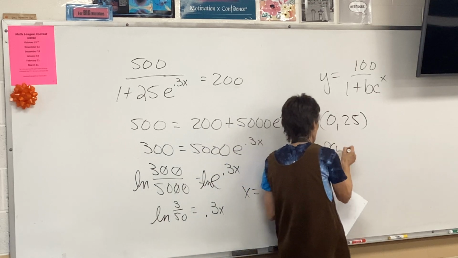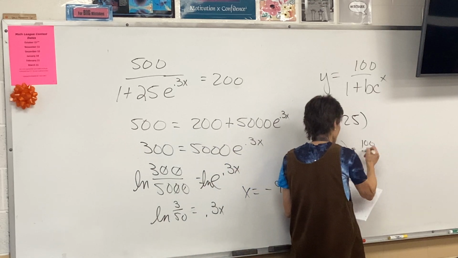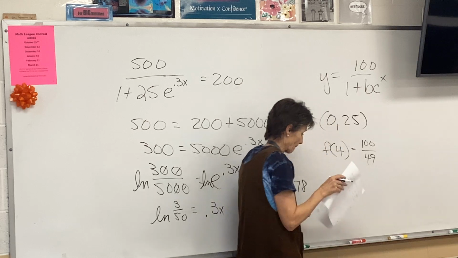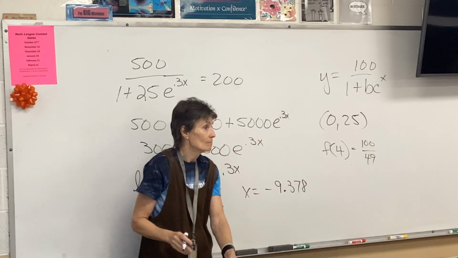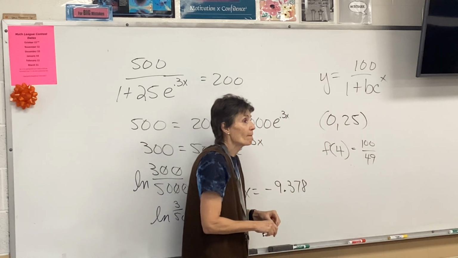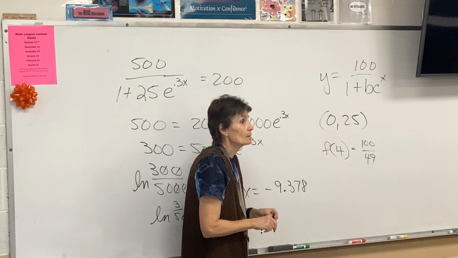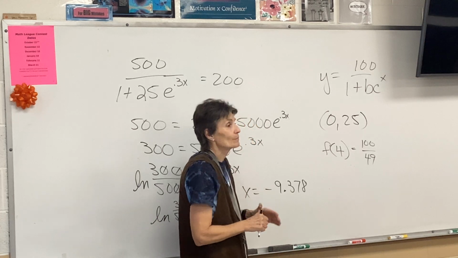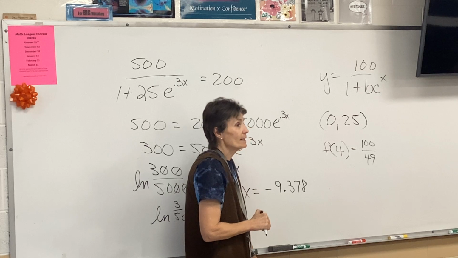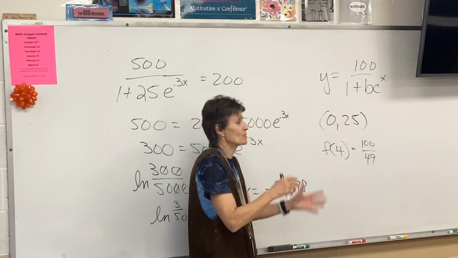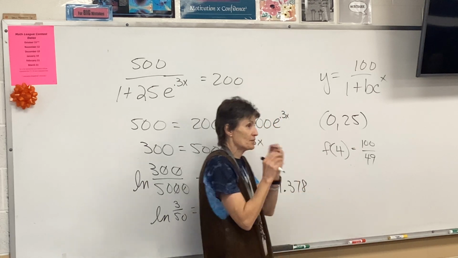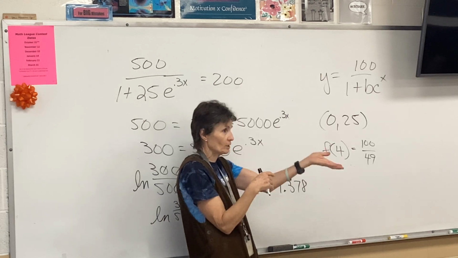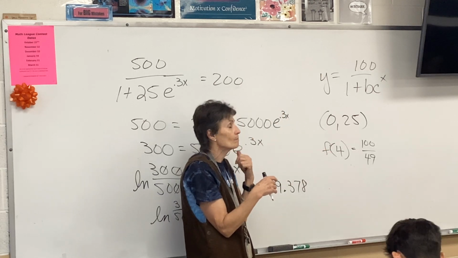And f of 4 is 149. So we did that wrong. Okay? So in an exponential function, a is the initial value. But in a logistic function, the initial value is the y-intercept all the time. It just so happens that in the exponential, it shows up as a.